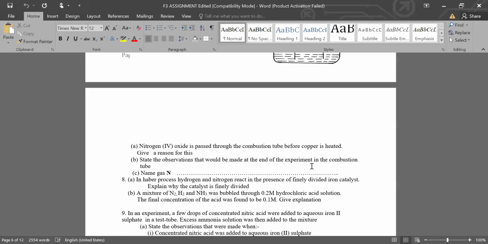That equation had said that the copper 2 oxide formed is formed as a result of oxidation of copper by the oxygen from the nitrogen 4 oxide.